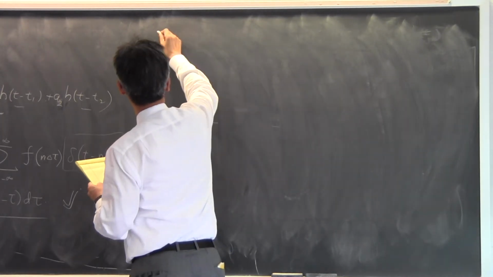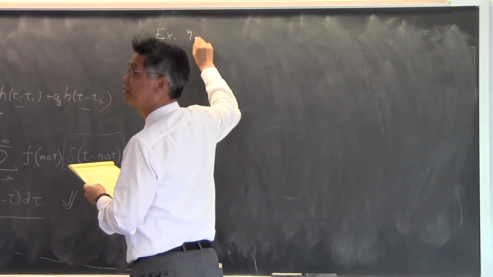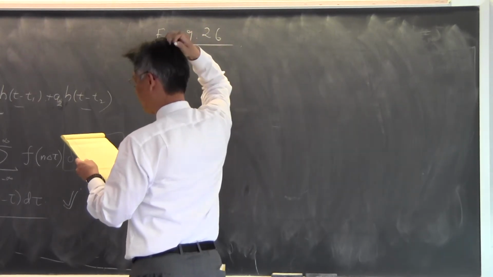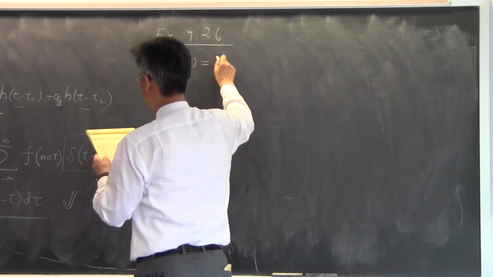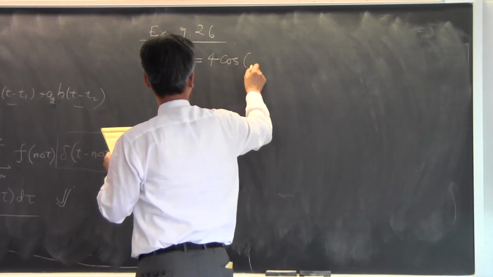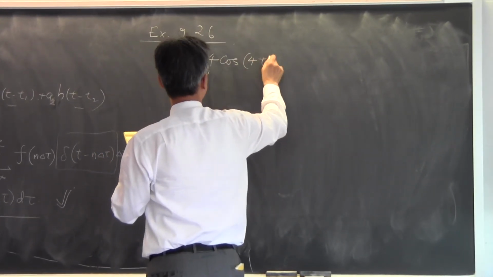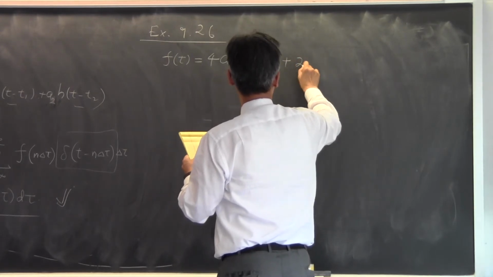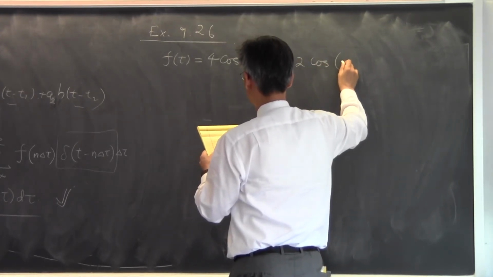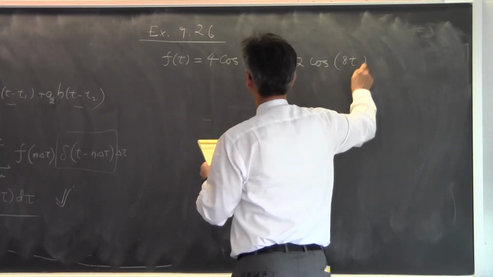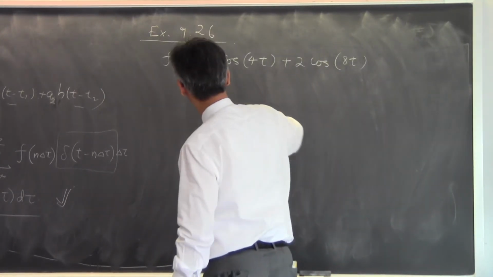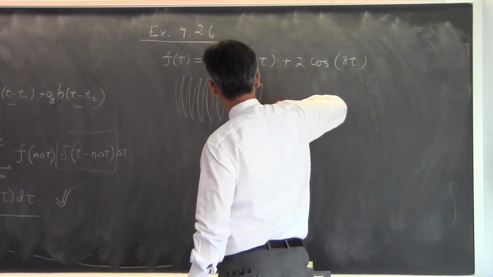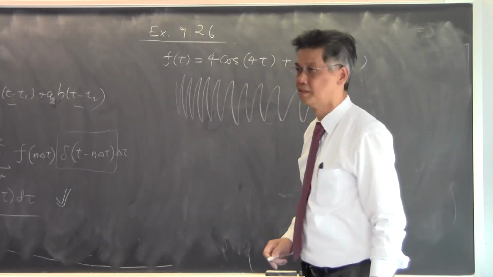Example 9.26. You're given that the input signal is equal to 4 cosine of 4t plus 2 cosine of 8t. You have this signal, a sinusoidal signal that goes on and on at two different frequencies.